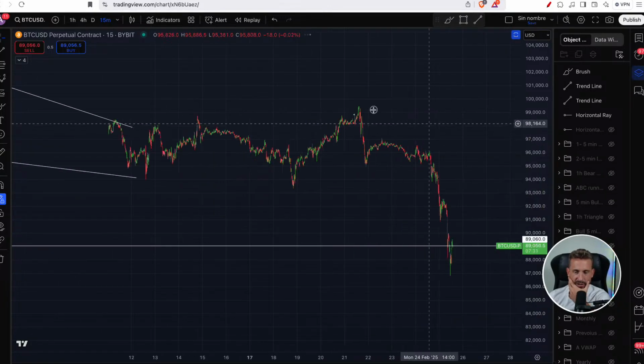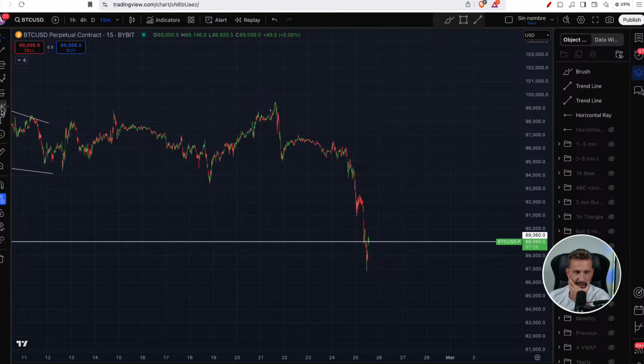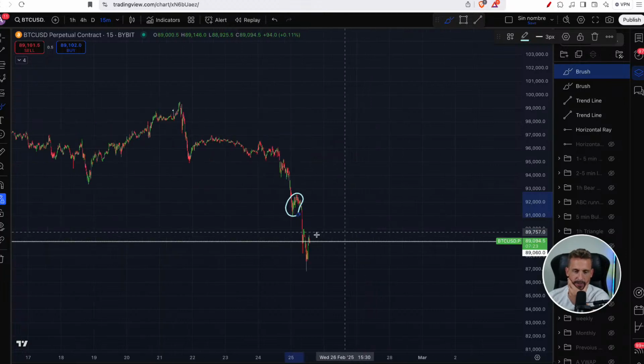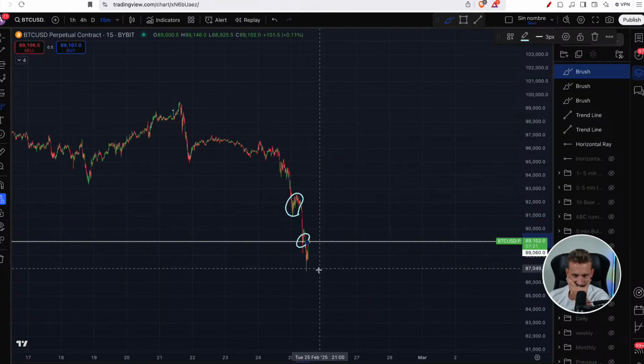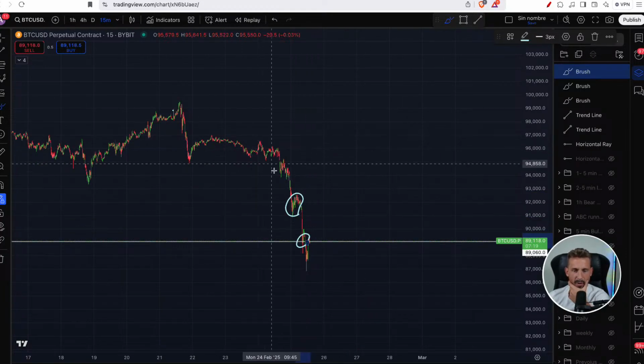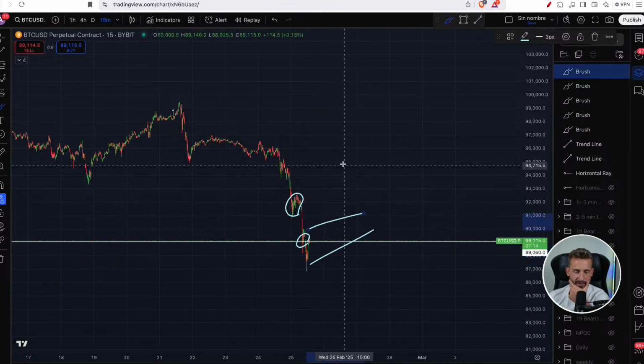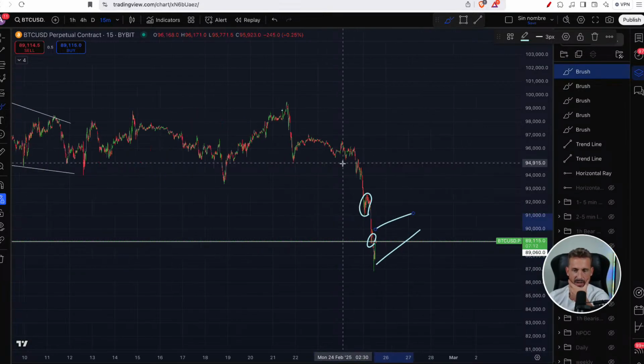Okay, I have to say, it just doesn't look right, because to count one of these waves as a fourth wave, I would say that this is still part of the third wave, and we are probably forming the fourth wave here in the coming hours.